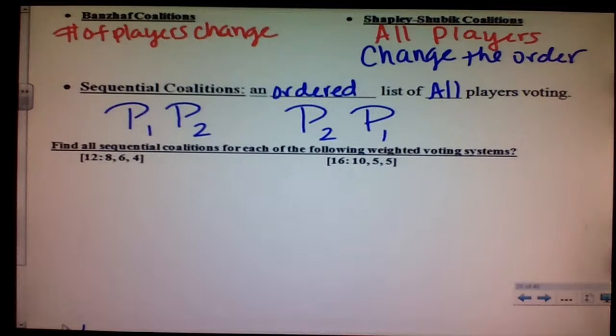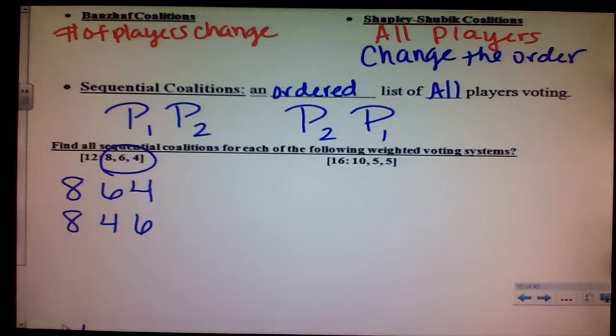So when you go to write these, my suggestion is to always start with the order that they put them in. So here's 8, 6, and 4. How else can I order that starting with 8? 8, 4, 6. Is there any other way to order that with 8 first?